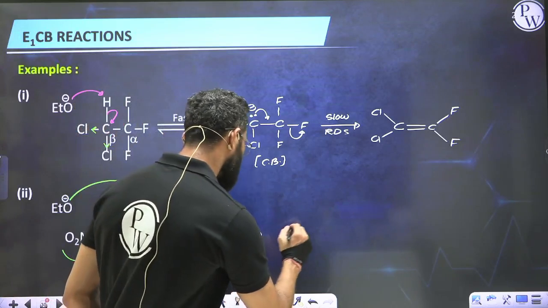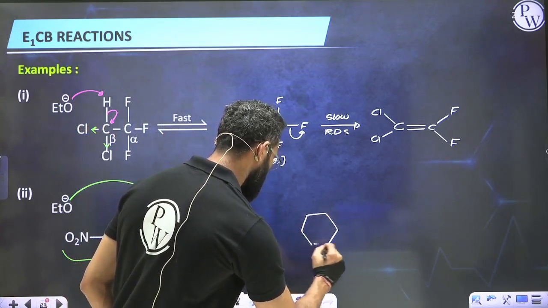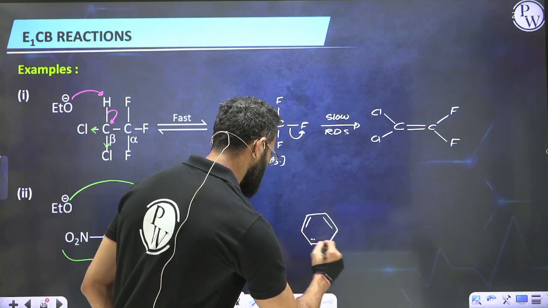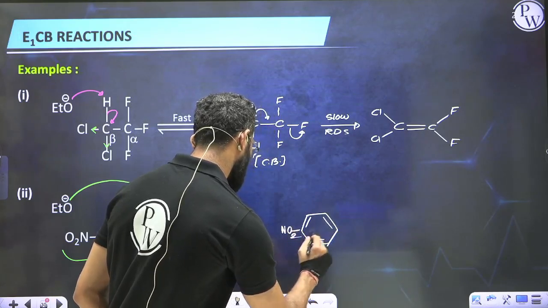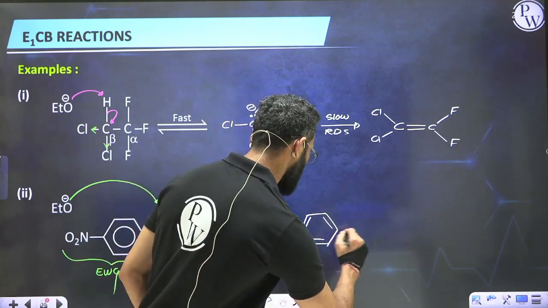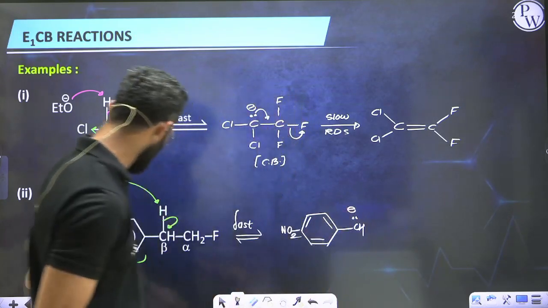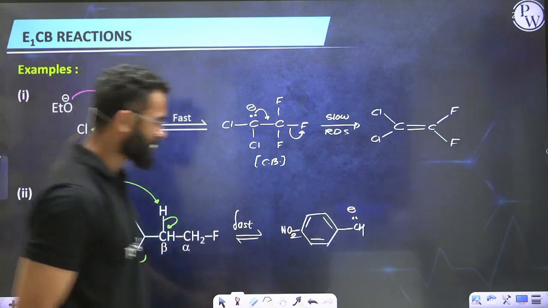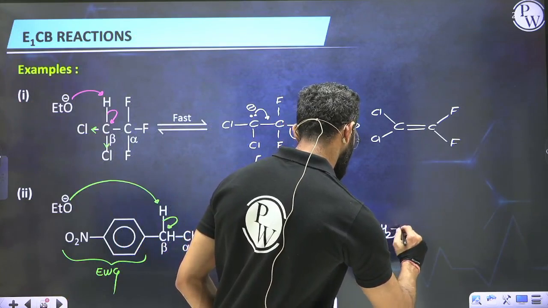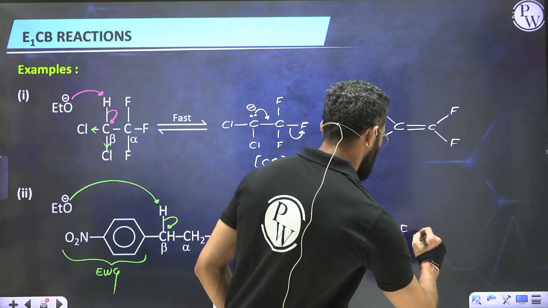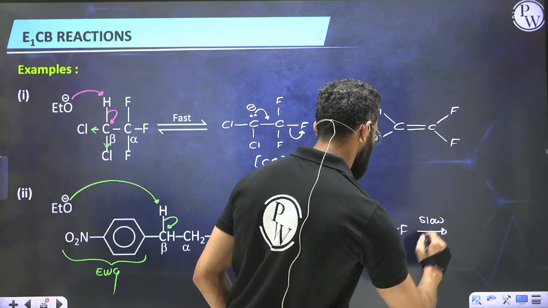So if I write it down, CH electron pair minus, and then the alpha carbon carrying F here. Now what will happen in the slow step, in the rate determining step?